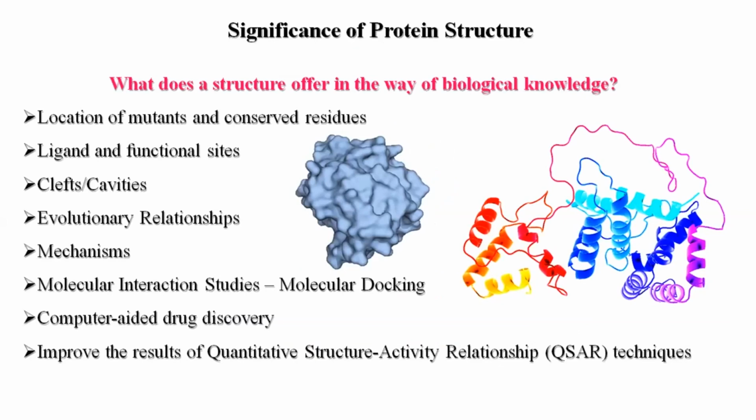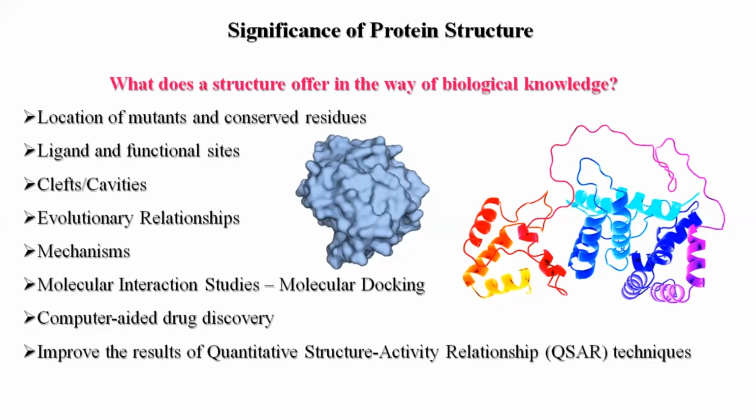It defines the conserved residue positions and functional sites, ligand cavity sites, and clefts where another protein or a ligand drug molecule can bind, and how proteins are related to one another during evolution. Those evolutionary relationships can be derived from the protein structure.